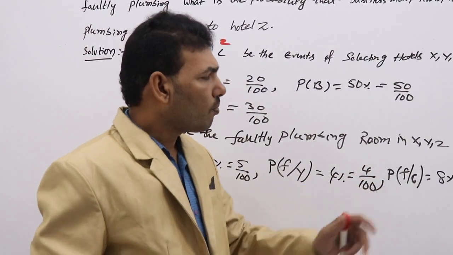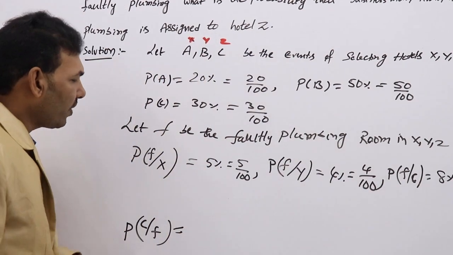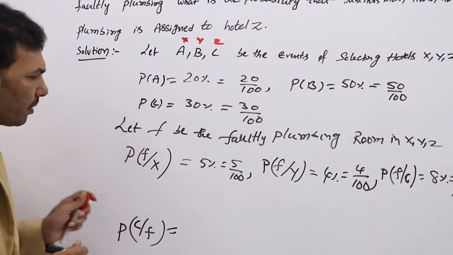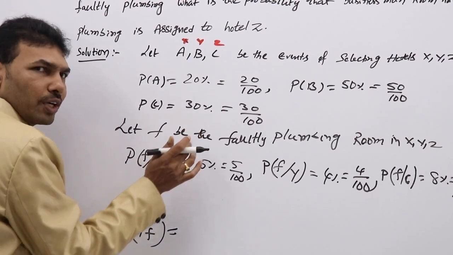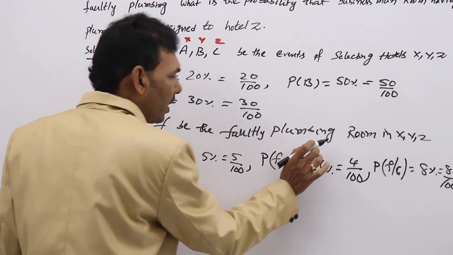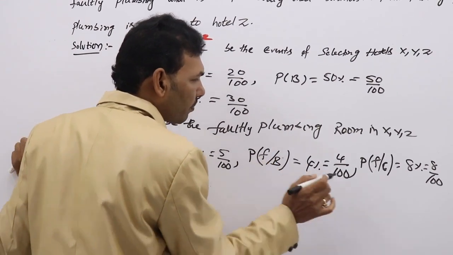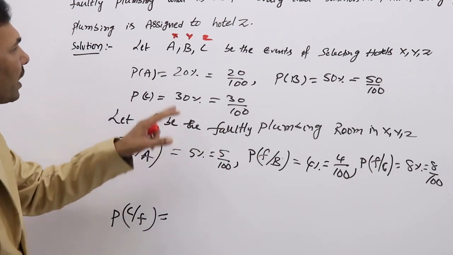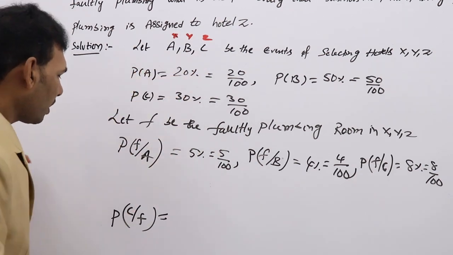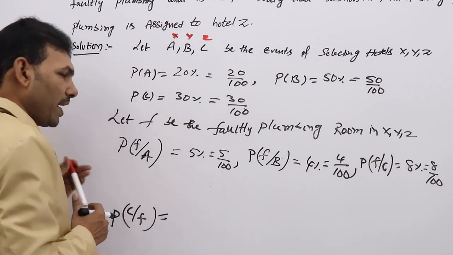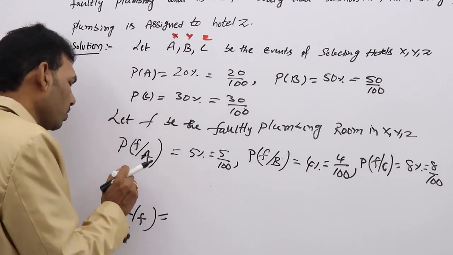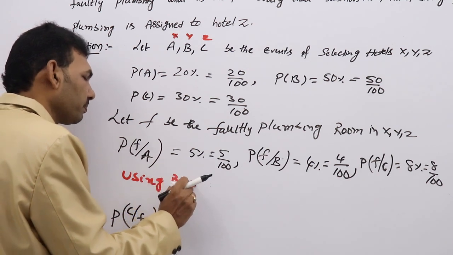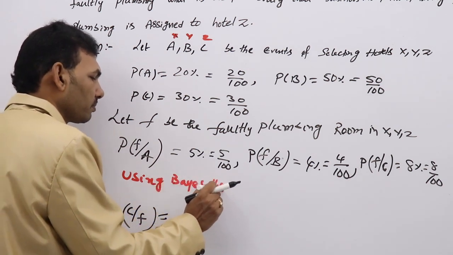Already given probability of F given C. Whenever you have this type of data, X we took as A, Y is B, Z is C. So X, Y, Z we assumed as A, B, C. Okay. Now probability of C given F, using Bayes theorem.